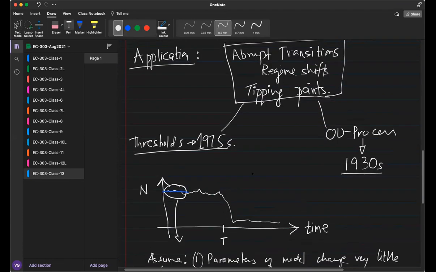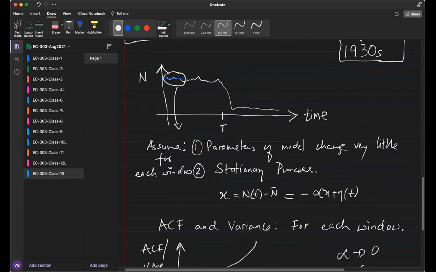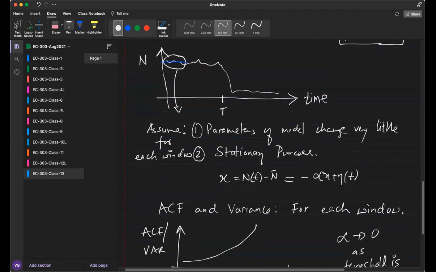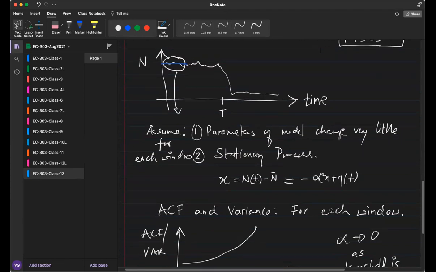Now let me tell you what is interesting. We knew these ideas of thresholds in ecological systems by the 1970s, right? We knew these ideas of the OU process much earlier. Do you know when these ideas were put into actual practice? You may not know.